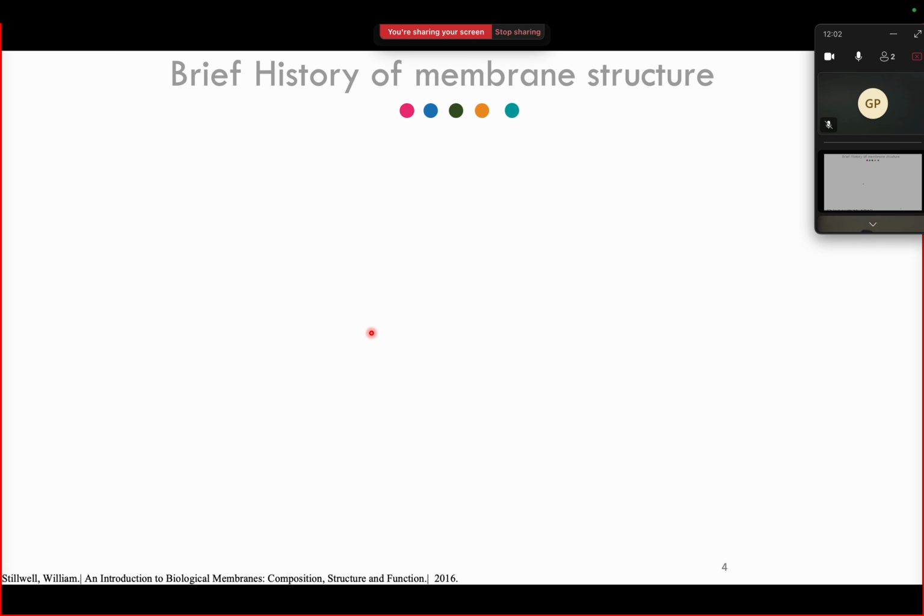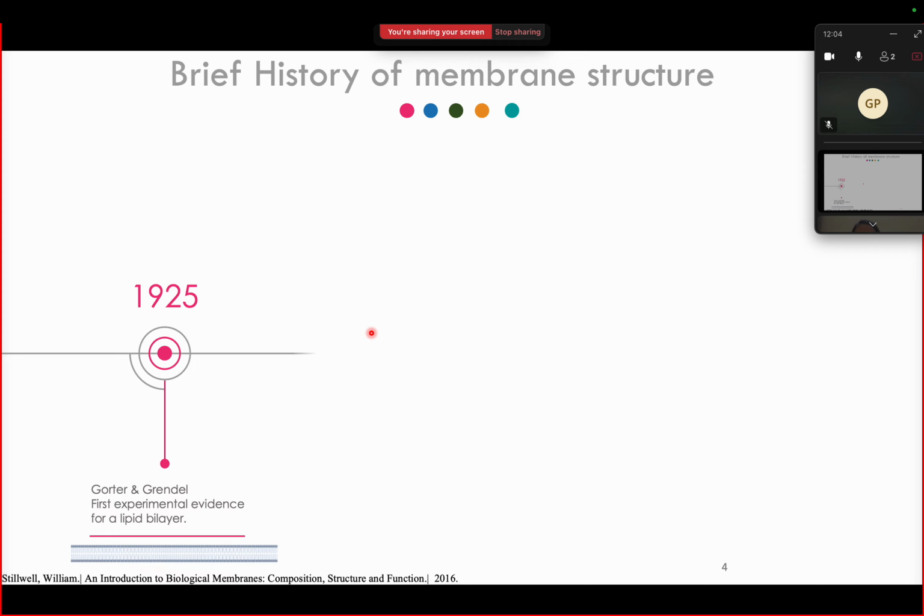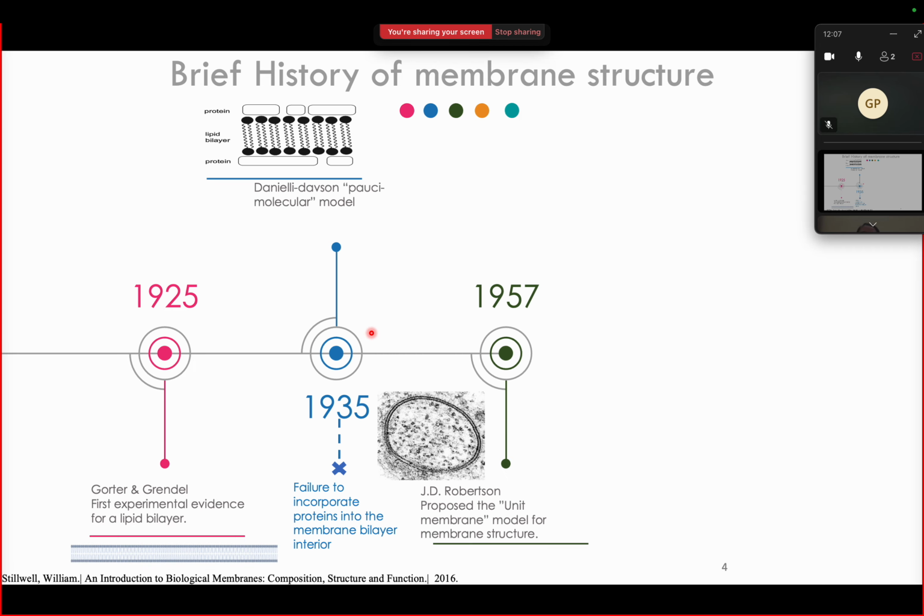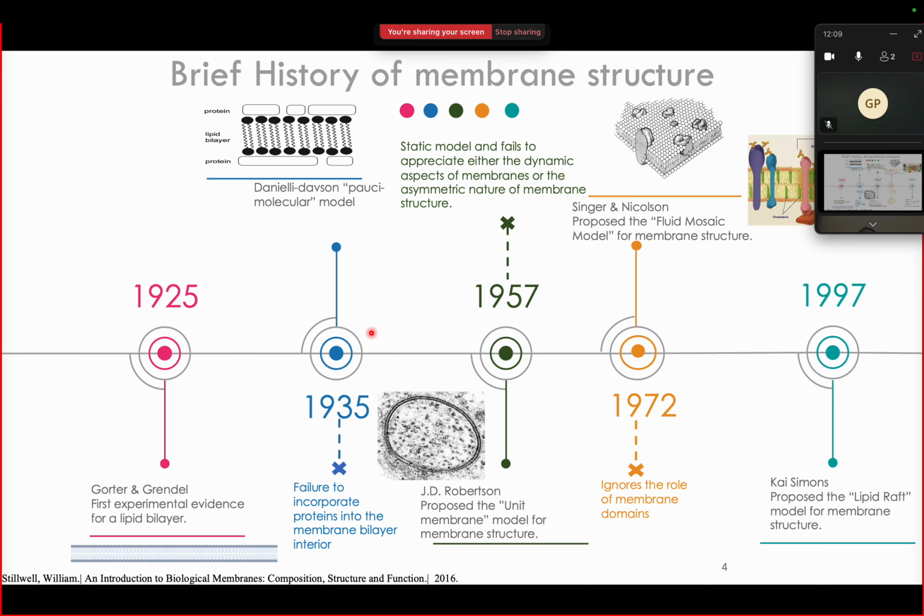Okay, and then in the last class we also discussed a very brief history of membrane structure, because the model which is acceptable for the membrane structure is the fluid mosaic model. It did not directly come into picture.